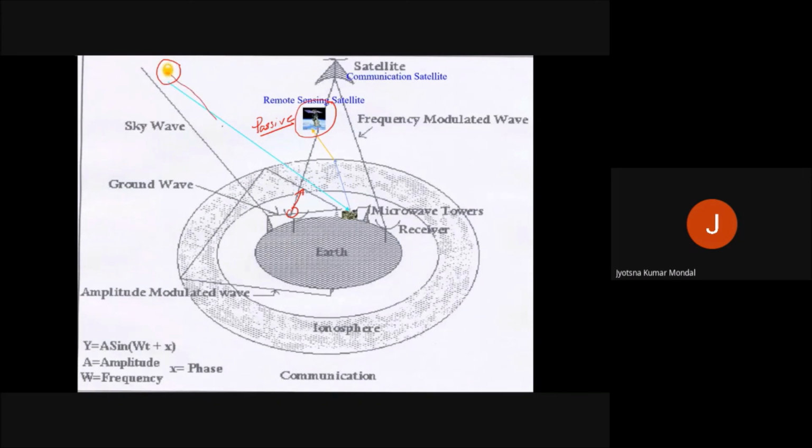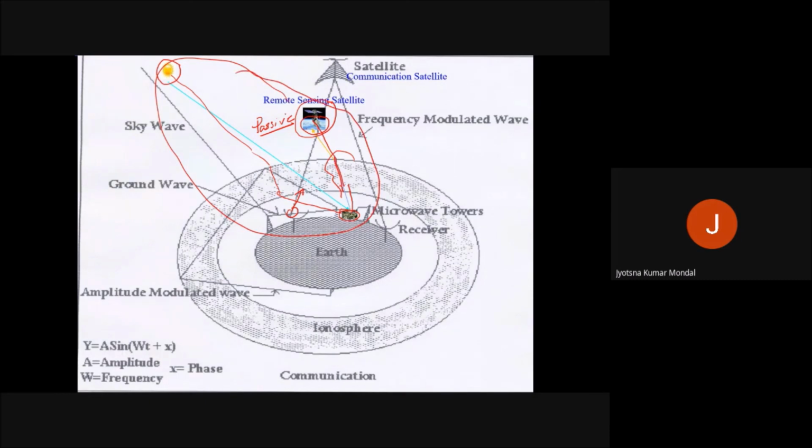Sunlight is coming, entering the atmosphere, going to the ionosphere, coming to the surface of the earth, maybe a building, maybe a road, then it is coming back, again with some distortion in the ionosphere, coming to the sensor. The sensor is taking the data. You see, it's passive, not direct energy.